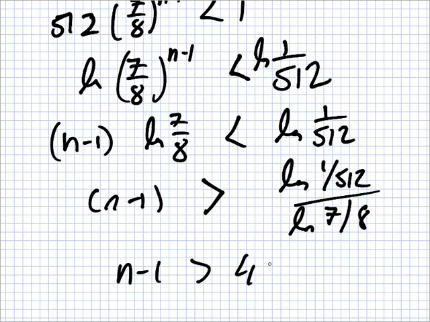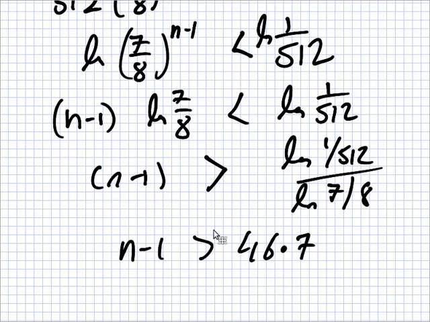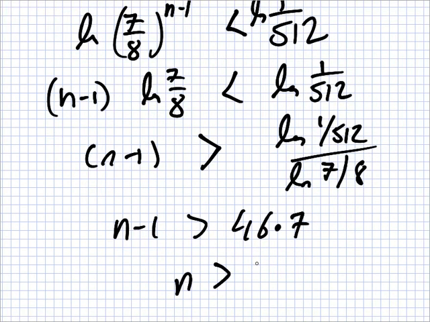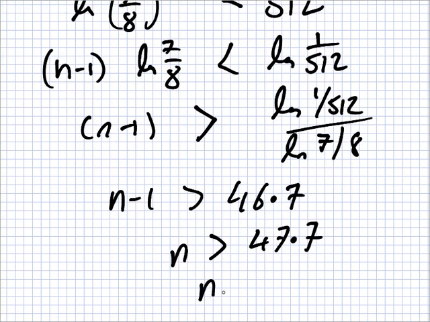And it's 46 point 0.1. Okay. So that means n needs to be bigger than 47.7, which means n is bigger than or equal to 48, because you can't have a 47.7th term. So it's the 48th onwards that is less than 1. The 48th term.